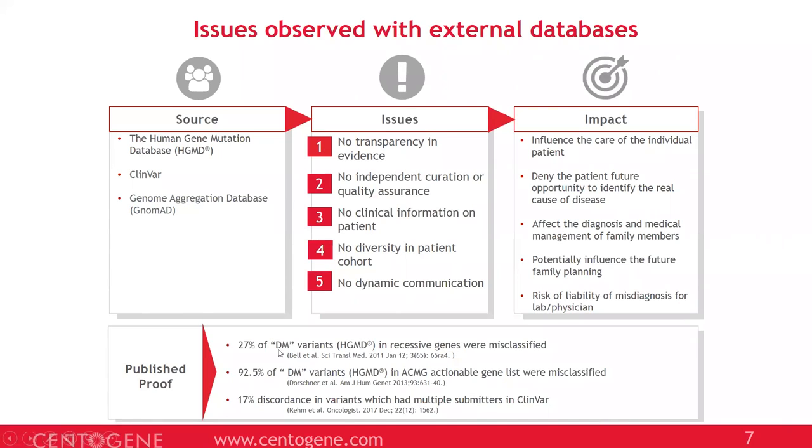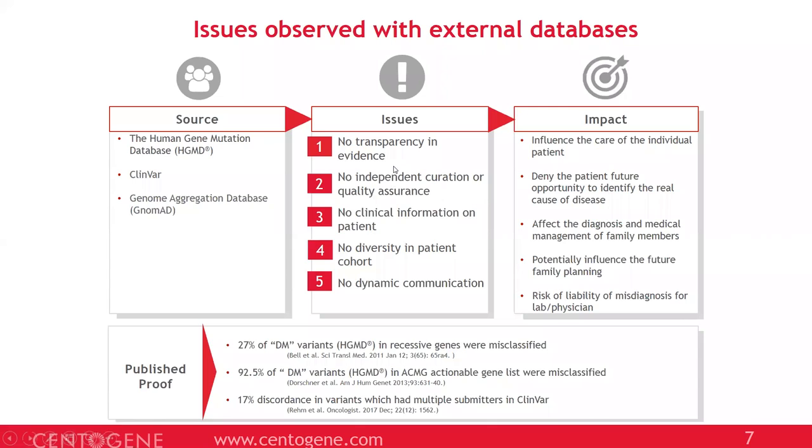For example, it is already known that 25% of the disease-causing mutations in HGMD are most likely to be misclassified when looking at autosomal recessive disorders, or that 17% of the clinical variants are classified discordantly by submitters.